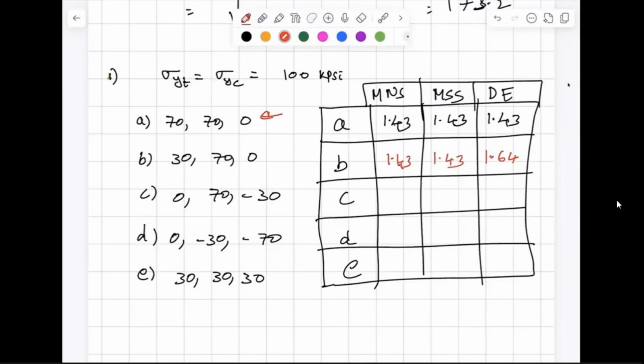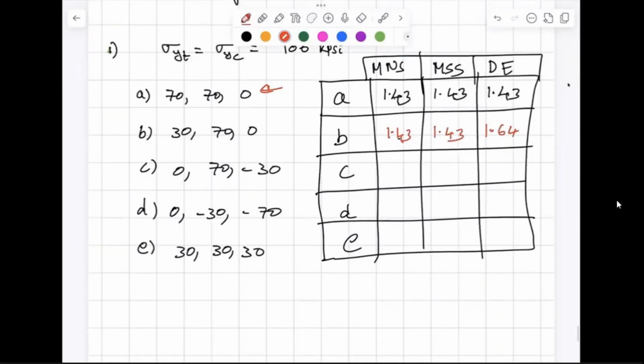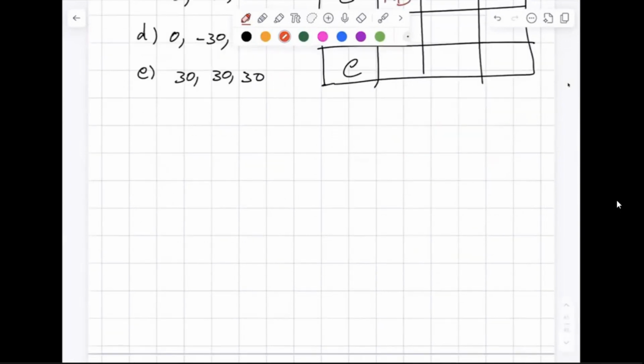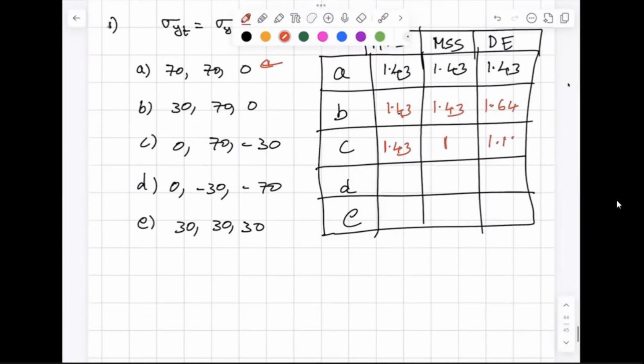Okay, C. Normal stress theory is 1.43, shear stress theory is 1.2. So that means, according to shear stress theory, it is failing. Yes, sir.